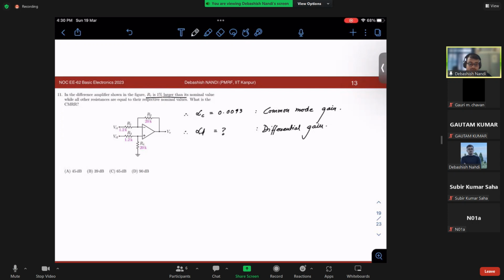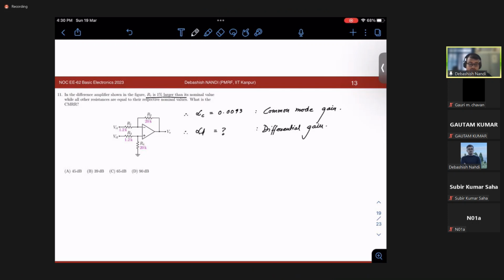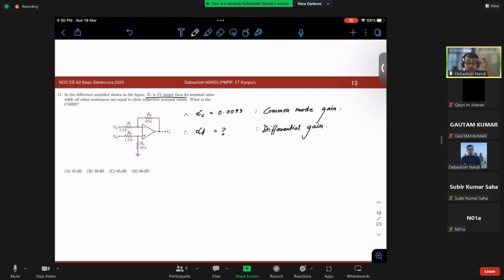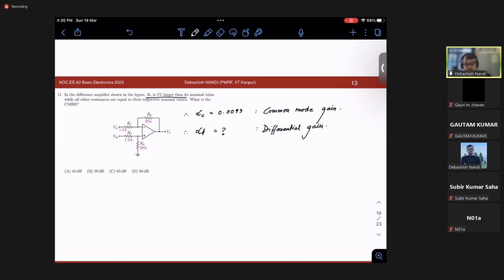Okay, if you are not getting it or if you have guessed it rightly, it would be nothing but the ratio of these two resistances. Why? Because this is an ideal difference amplifier, right? So this would be nothing but your R2 by R1, right?